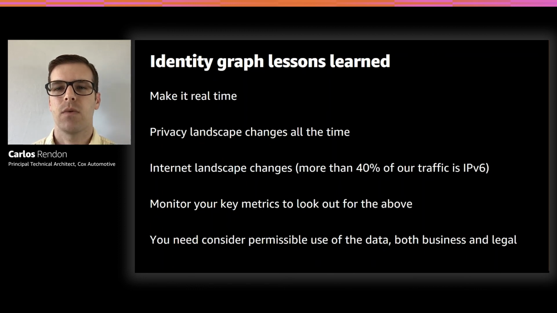A couple things that we've run into: we ran a change where we switched to IPv6, and because so much of our traffic is on IPv6 today, it started messing up some of our metrics. As I've also alluded to before, as we've seen third-party cookies stop working, that also changed what we're seeing on our end. So make sure you have solid monitoring and alerting set up for that.